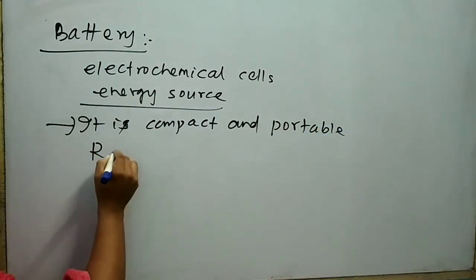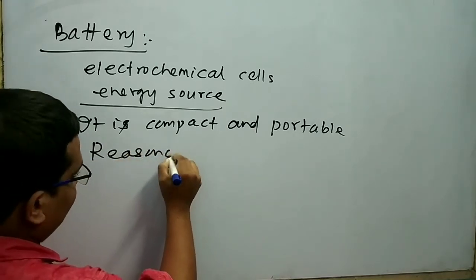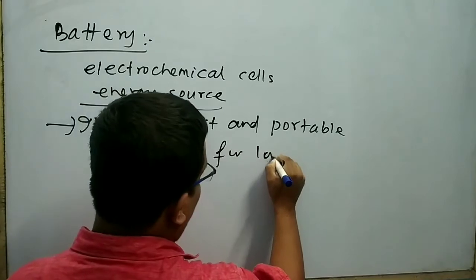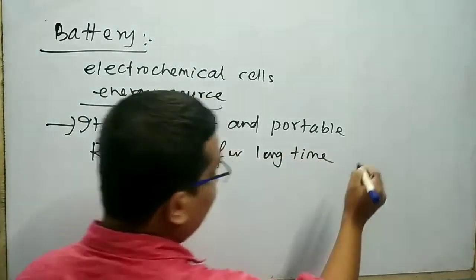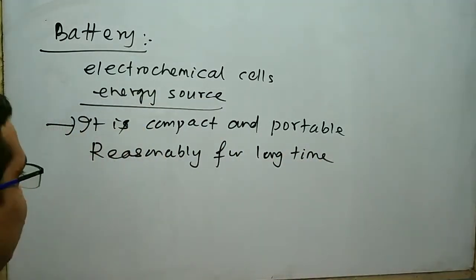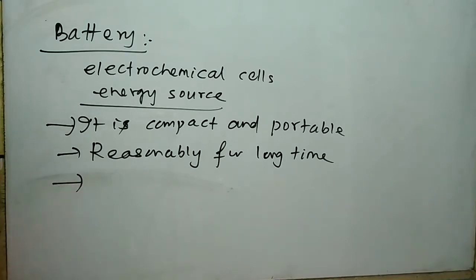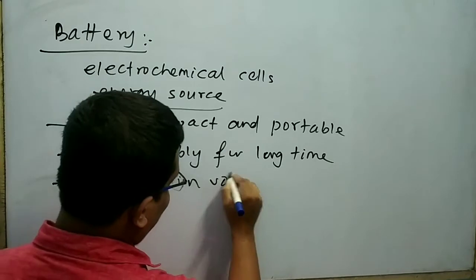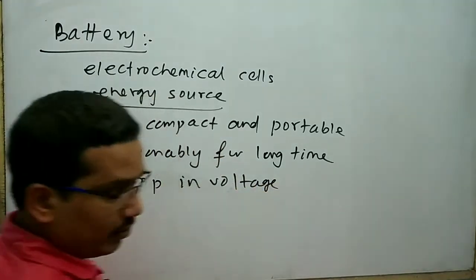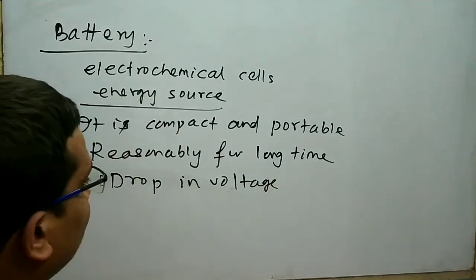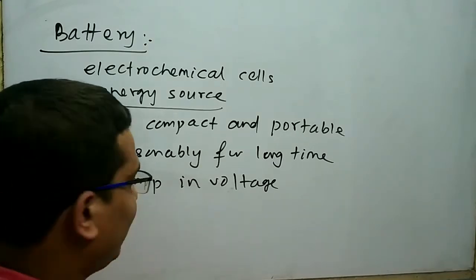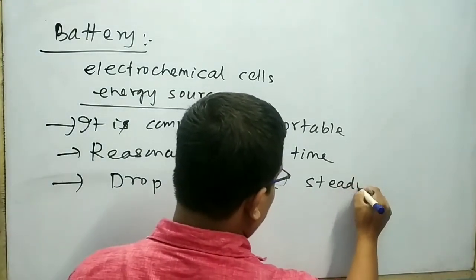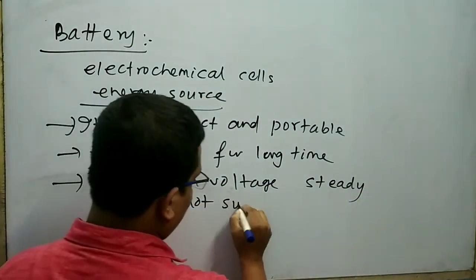A battery should have a reasonably long shelf life, whether used or not used. Next point: the drop in voltage when used should be steady, not sudden.